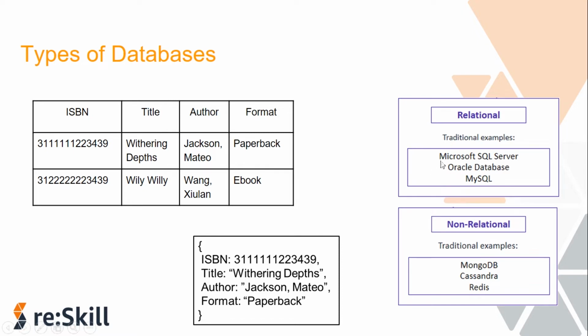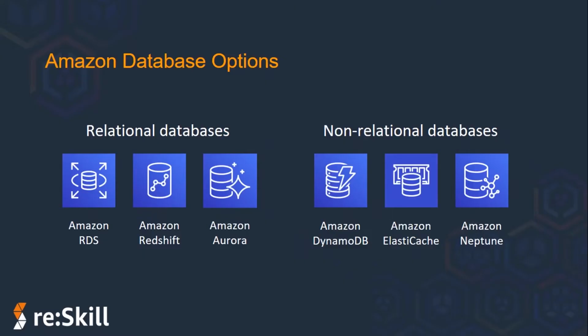Some traditional examples for the relational databases include Microsoft SQL Server, Oracle Database, and MySQL, whereas some of the traditional examples for the non-relational databases include MongoDB, Cassandra, and Redis. So now that you have learned about a few distinctions between the relational and the non-relational database, we can see some examples for the offerings of the databases by Amazon that fit into these two categories, the relational and the non-relational.